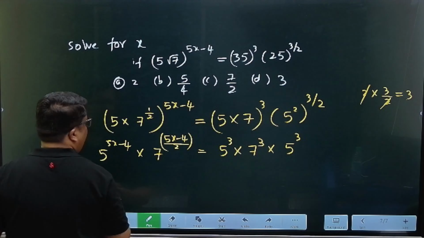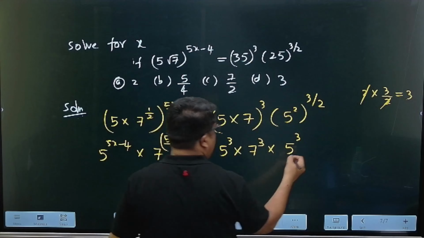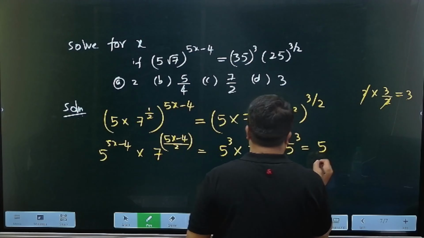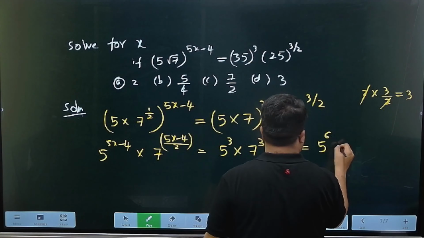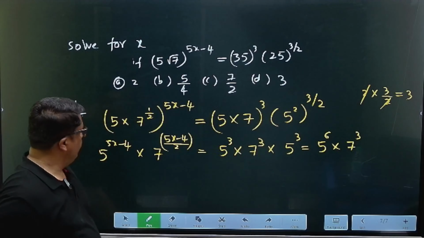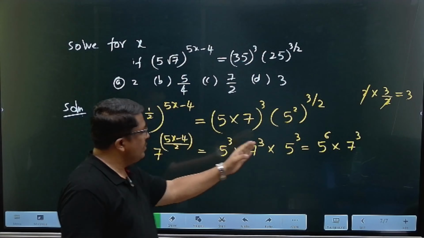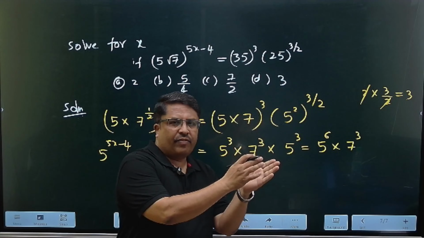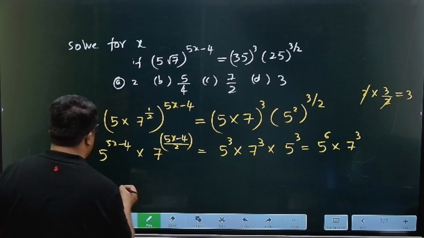So let me simplify this. This is equal to 5 to the power of, bases are same, add the indices, 3 plus 3 is 6, 7 cube. So now, equality of numbers where bases are same: a to the power of n is equal to b to the power of n implies a is equal to b.